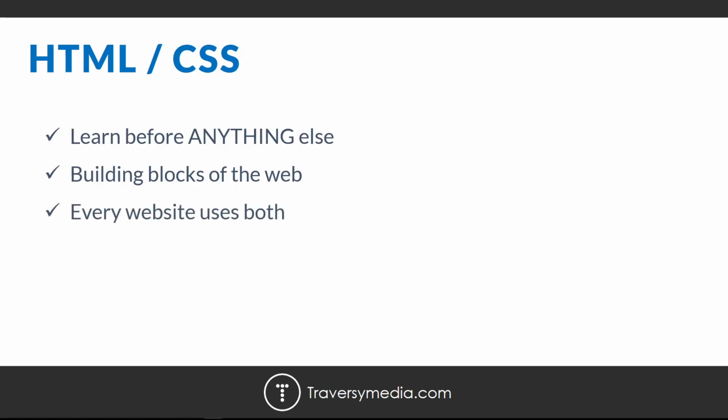Every website that you visit uses HTML and CSS regardless of its back-end technologies. Regardless of the languages it uses on its server, the UI is always going to be in HTML and CSS. Even if it's generated by JavaScript or JSX, something like that, the end result is HTML and CSS.